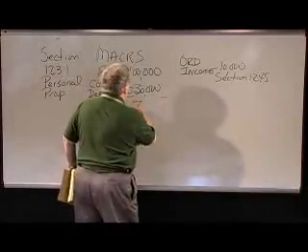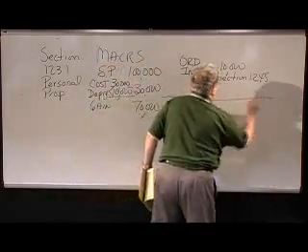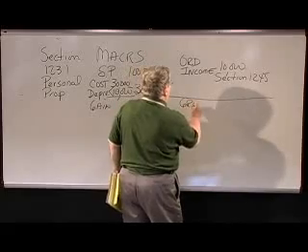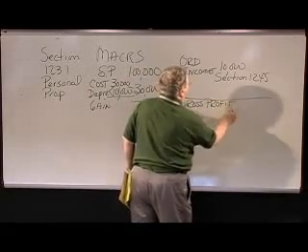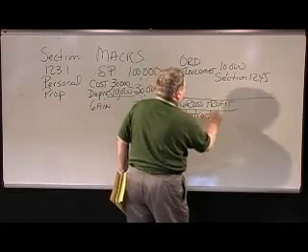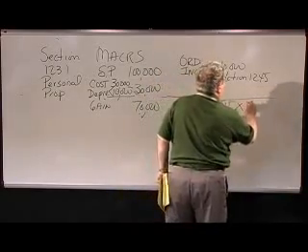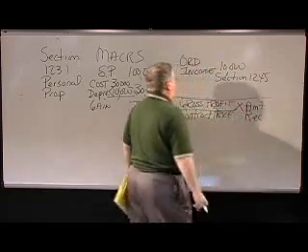So, now we use the installment sales formula. And what is the installment sales formula? It is our gross profit over our contract price times the amount realized.